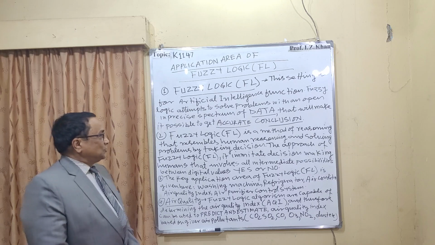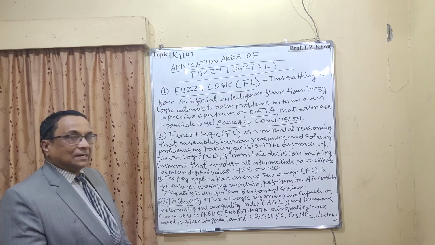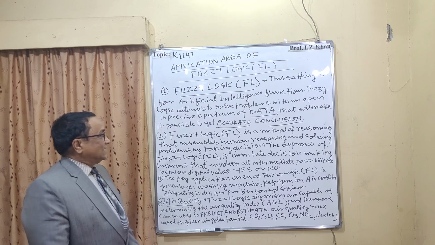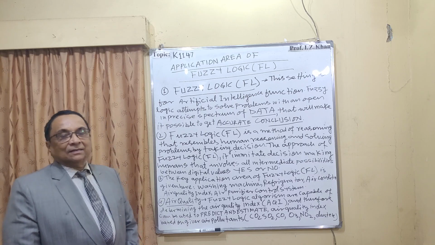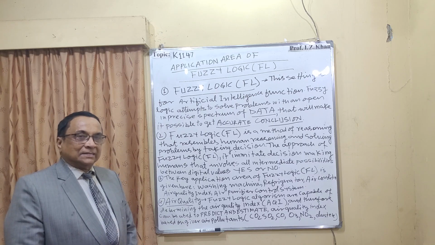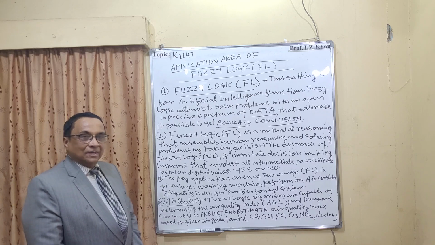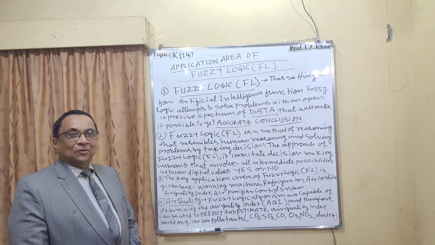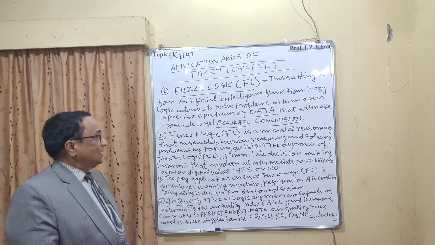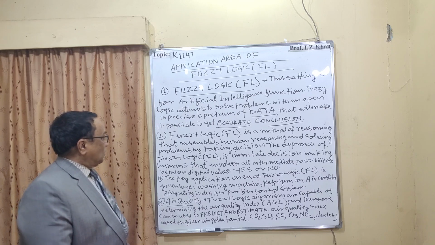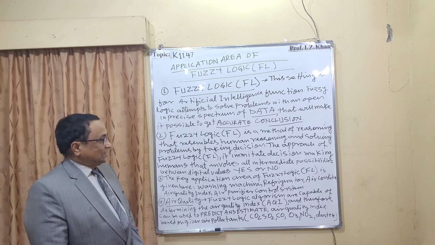Number two, fuzzy logic FL is a method of reasoning that resembles human reasoning and thinking. I have already told you that it is just like an imitation of human behavior of solving the problem with reasoning and thinking, and solving problems by taking decisions.